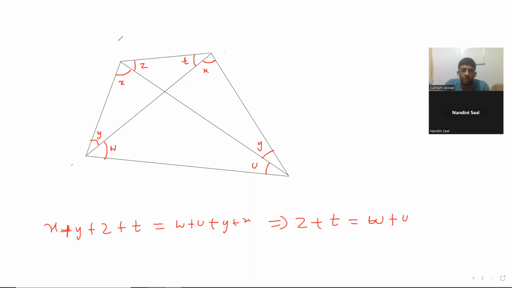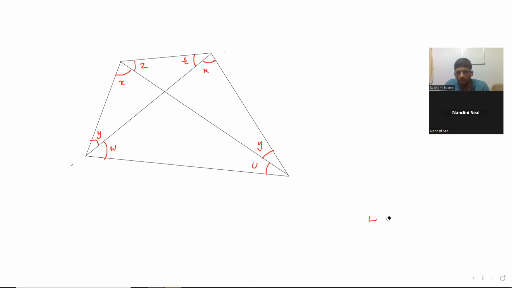So let's forget all this. It's true, but it doesn't follow so easily. It just does not follow from angle chasing.